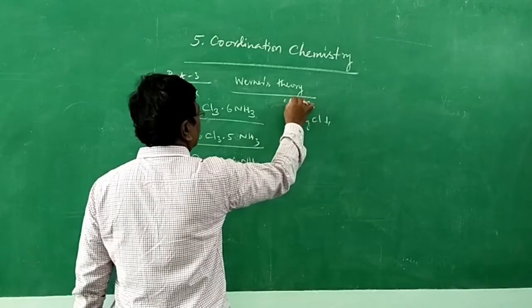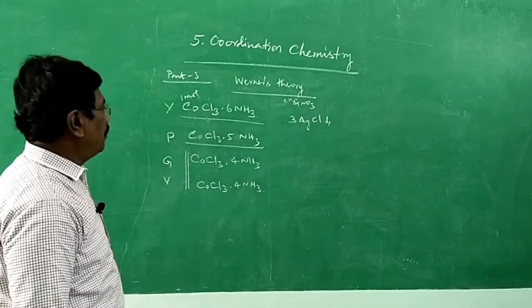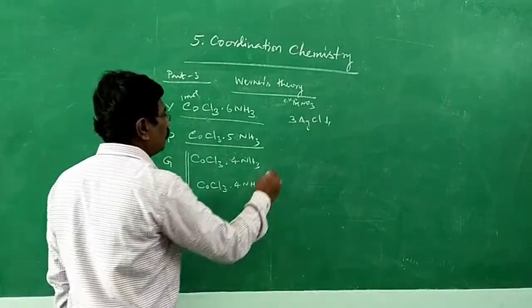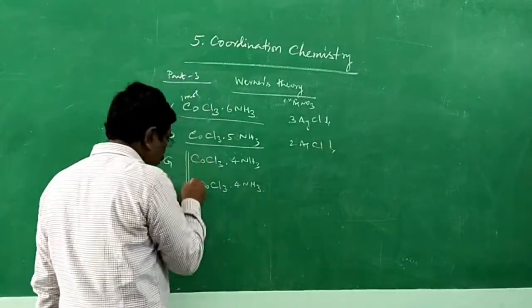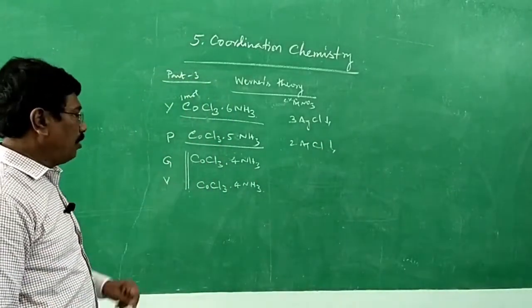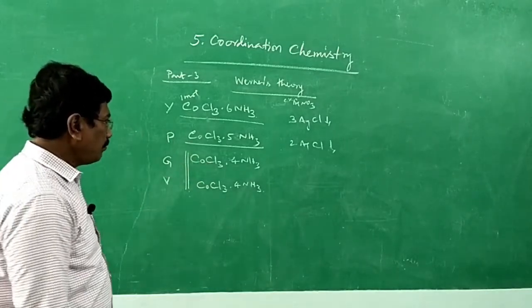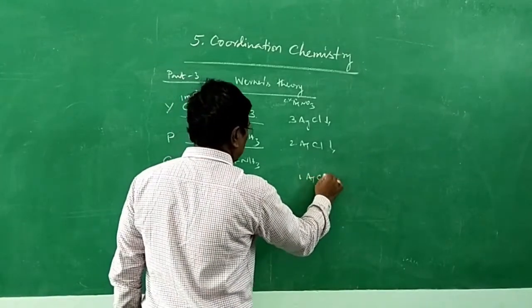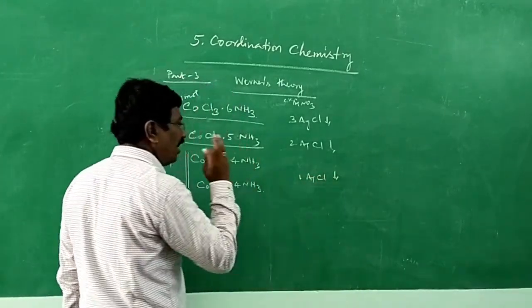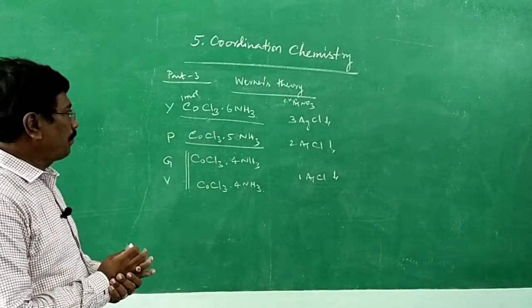If 1 mole of this compound is taken, you will get just 2 moles of silver chloride. These two, of course, have the same molecular formula, cis-trans isomers, and they give only 1 silver chloride precipitate. Why? The explanation we get from Werner's theory.